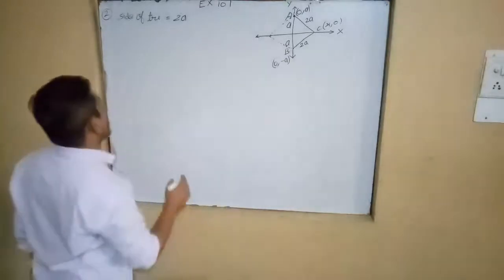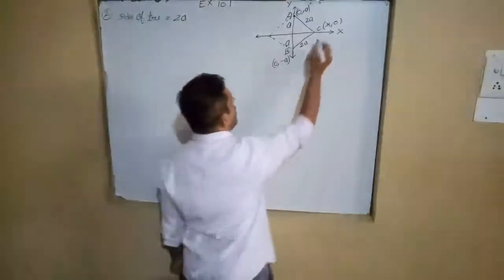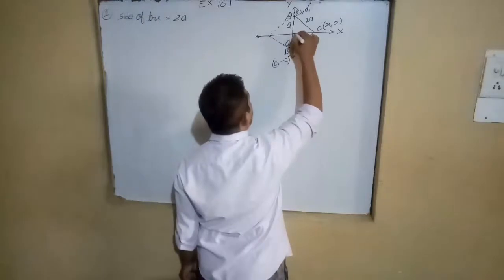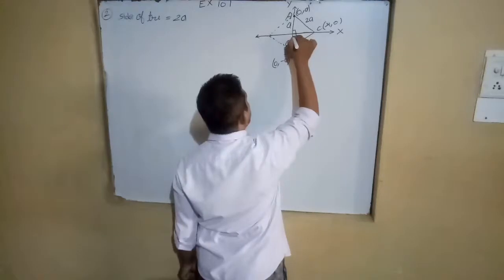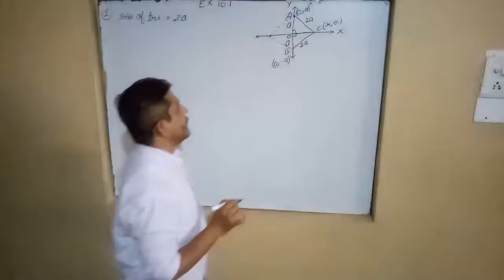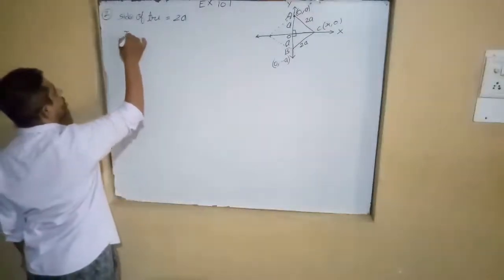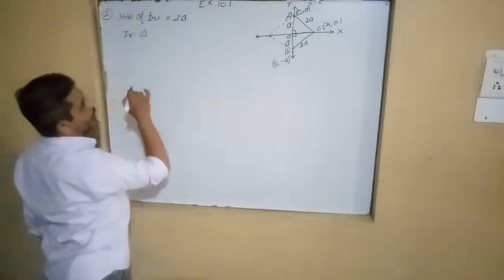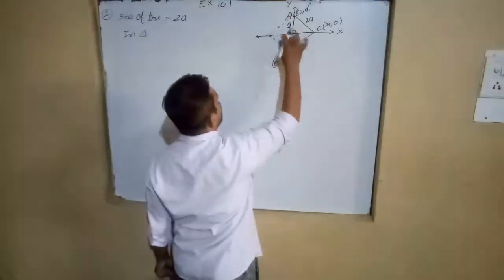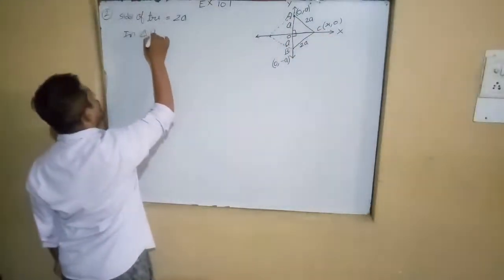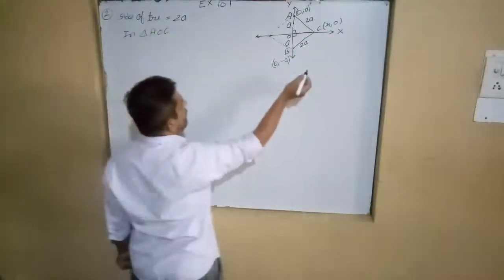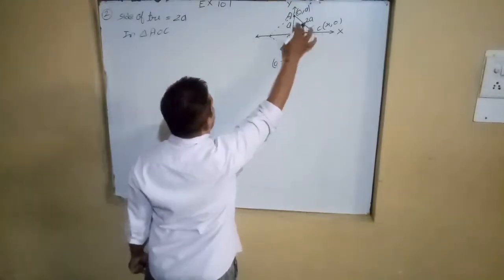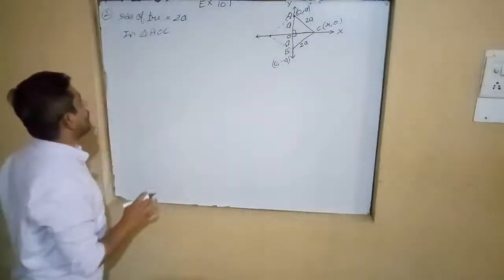Now it is very easy. We need the value of x, means simply we find the value of this one. This is a 90 degree angle and we need the value of OC. So we take triangle AOC; we could take triangle BOC also, any triangle we can take here.